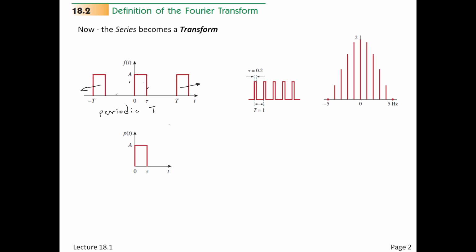Here's a 20% duty cycle with a t of 1, a period of 1. And on the right, we have the Fourier transform of this.